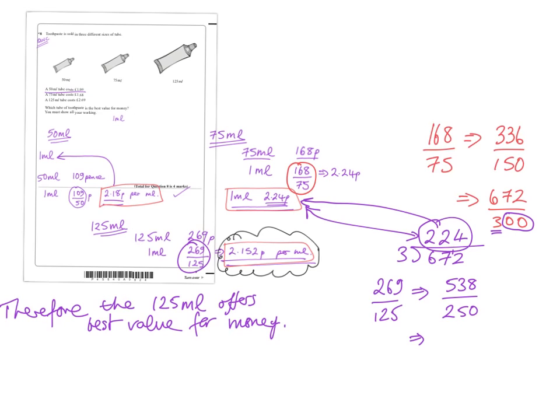We can double again, so we get 1076 over 500, and we can double again and get 2152 divided by 1000. And then look here, we can see 2152 here, because if we divided 2152 by the 1, that's exactly what we'd get, but we want it to be 1000 times smaller.